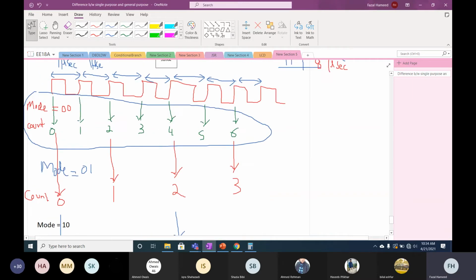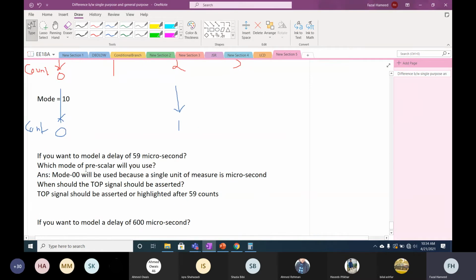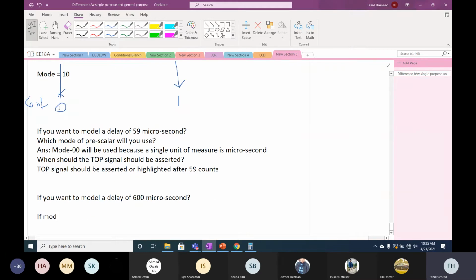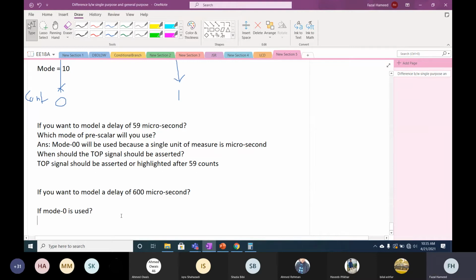You can also use mode 0 1. So if mode 1 is used, or if mode 0 is used, when should the stop signal be asserted?